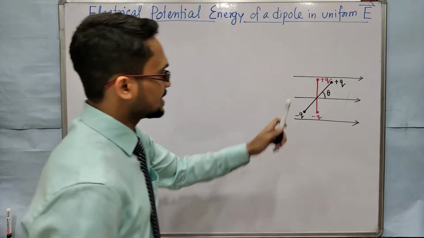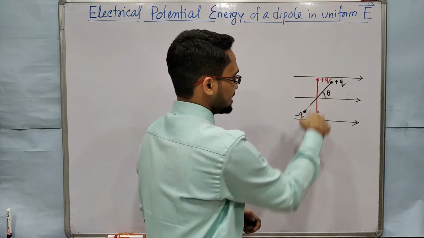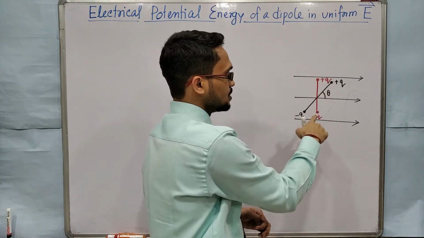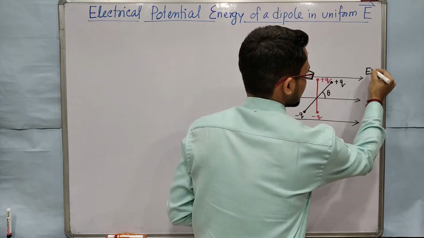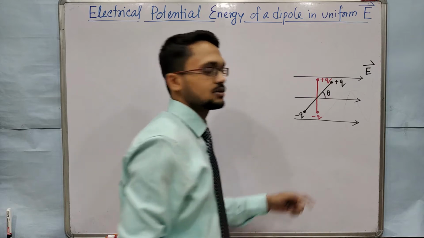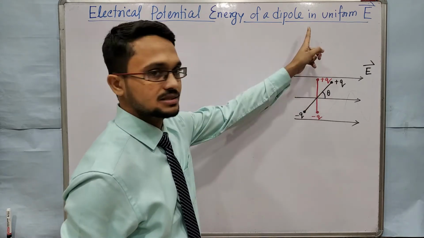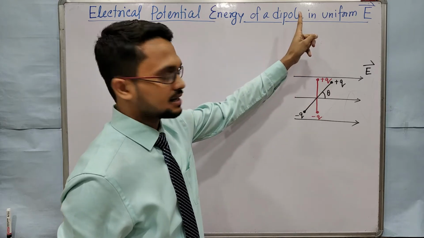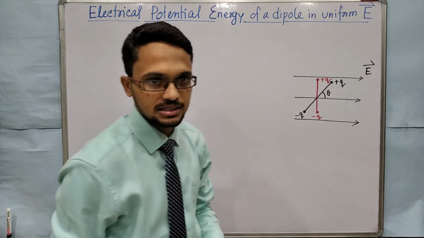So look at the diagram. Initially the red line dipole is perpendicular to the electric field intensity. The dipole moment acts from minus charge to plus charge, in this direction, and the electric field intensity in this direction, so they are perpendicular to each other.